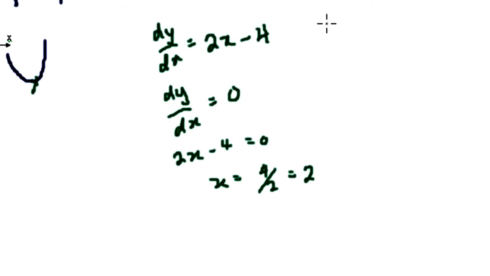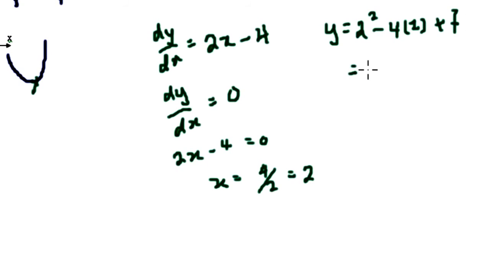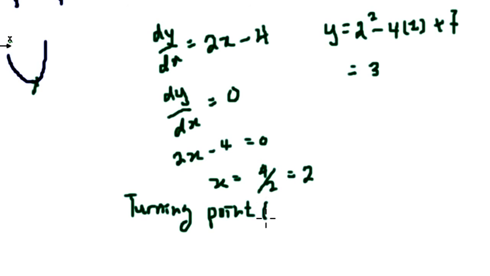You will get y equal to 2 to the power of 2 minus 4 times 2 plus 7 equal to 3. So the coordinates of the turning point is 2, 3.